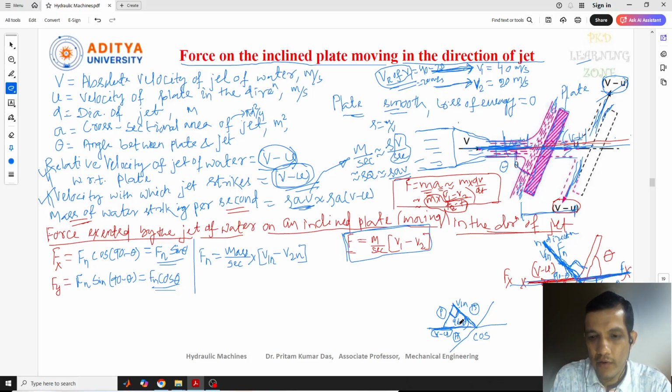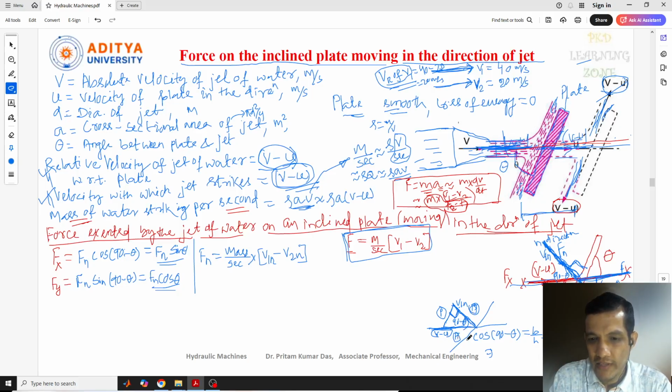What about the theta value? Theta here is 90 minus theta. So cos of 90 minus theta equals base by hypotenuse. Now base equal to what? This is the base. Base is nothing but V1n, the velocity at the initial condition, the starting condition.